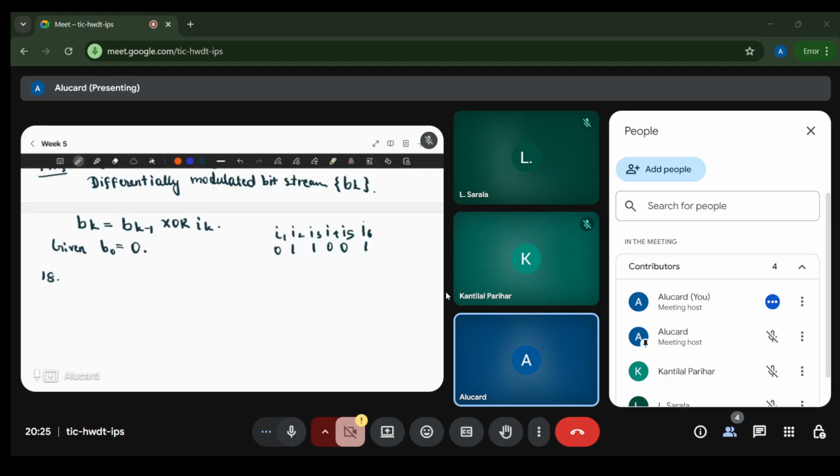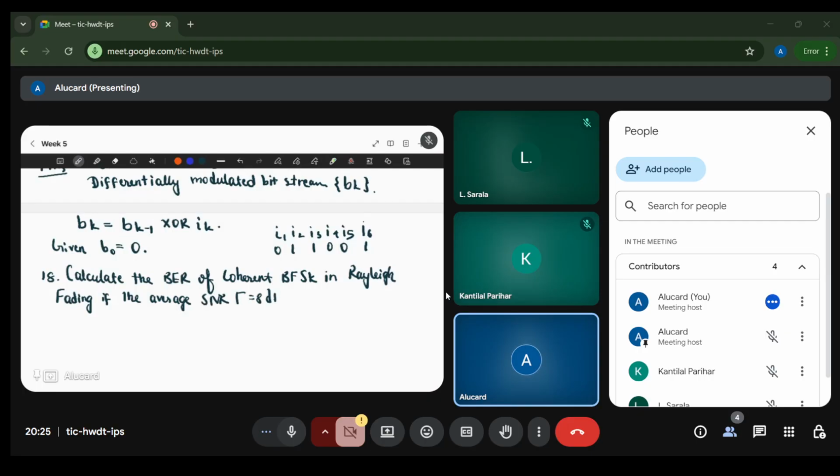18, calculate the BER of coherent BFSK in Rayleigh fading if the average SNR is 8 dB.